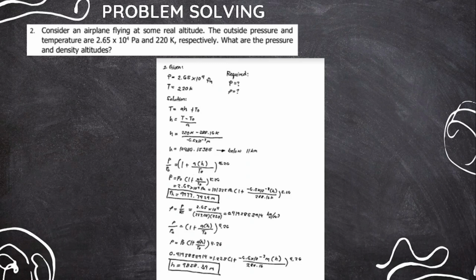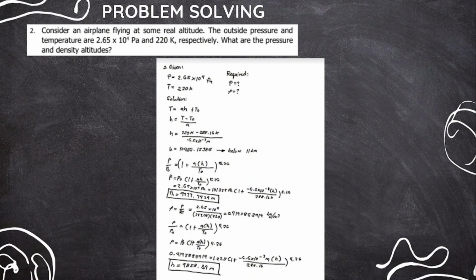We are going to use the formula of the density variation in the gradient region. We have the density over the original density is equal to 1 plus aH divided by the temperature at sea level condition, raised to 4.26.